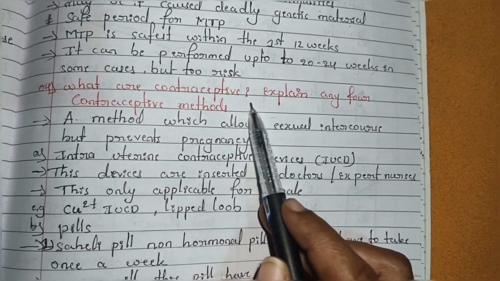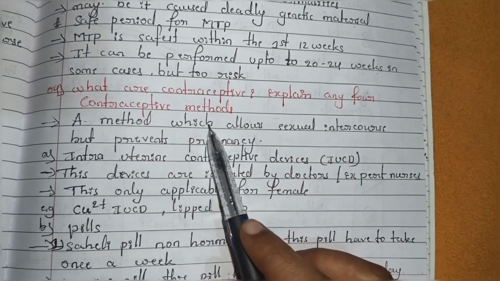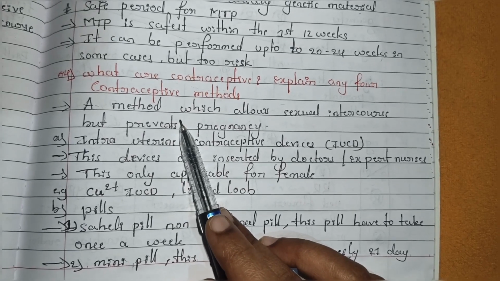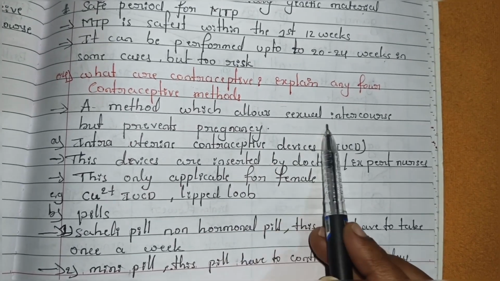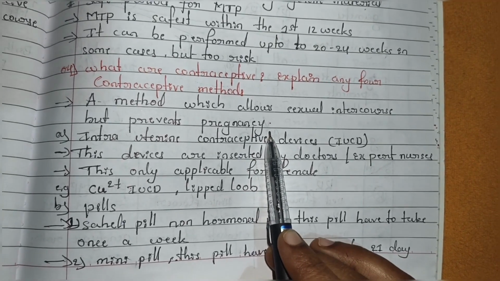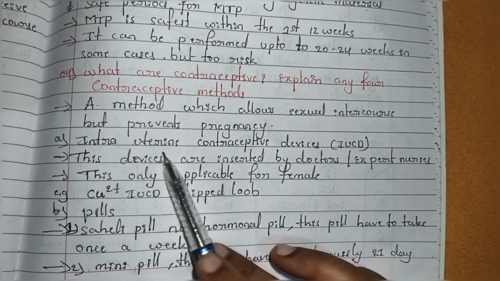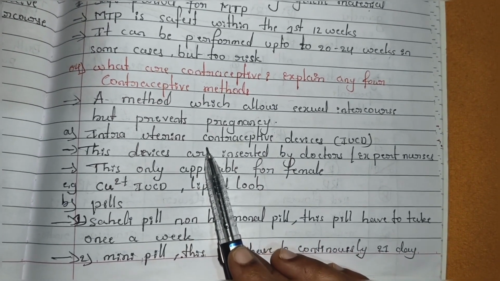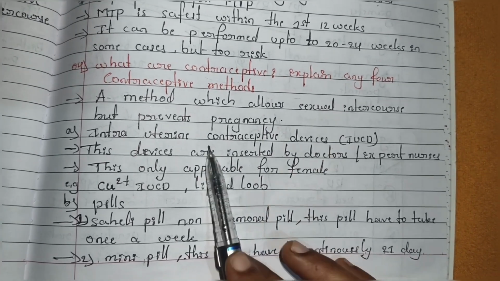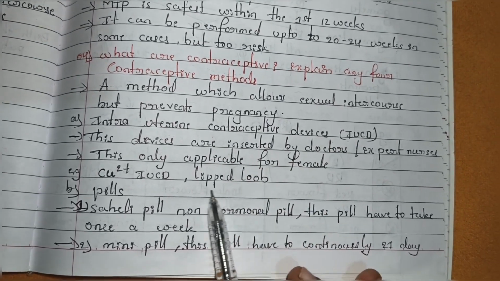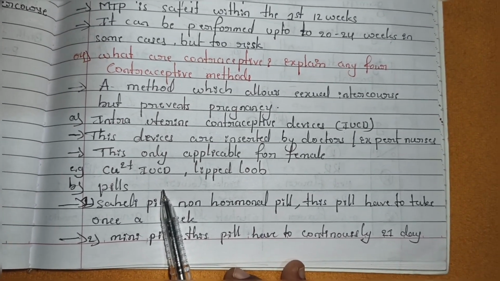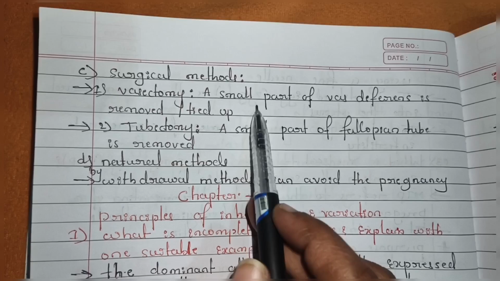The next question: what is contraception? Explain any 4 contraceptive methods. Contraception means a method which allows sexual intercourse but prevents pregnancy; we call it a contraceptive. They can follow the IUCD method, the intrauterine contraceptive device, or pills, or surgical methods.